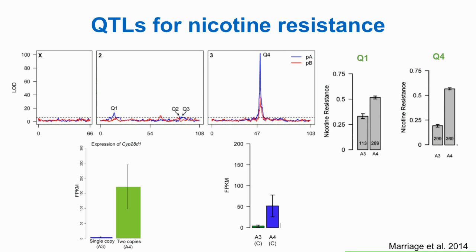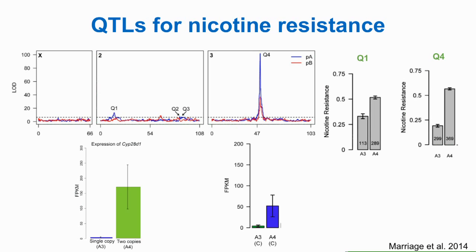One that underlies the Q1 peak is Cyp28d1 and shows high expression difference between a low resistance allele and high resistance allele. And for Q4, they found an Ugt86D gene cluster that also shows high difference in expression between the high resistance and low resistance allele.